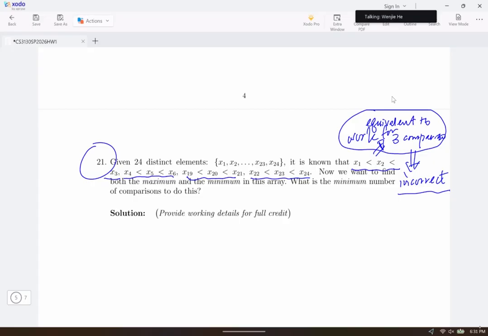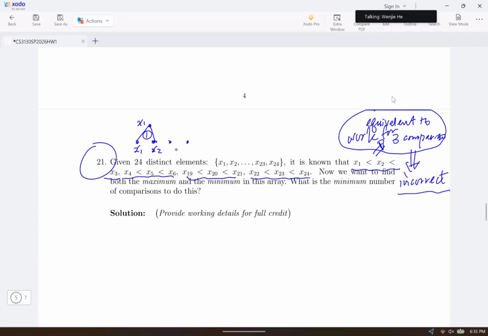Now I use 3 comparisons. I do the tournament method on 4 elements: X1, X2, X3, X4. First comparison between X1 and X2. Let's say the winner is X1.